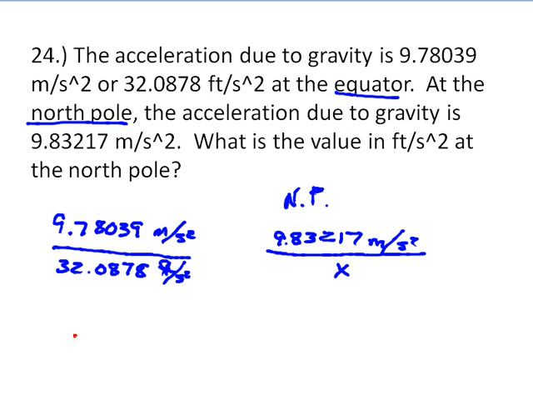So cross multiply: 9.78039 times x equals 32.0878.